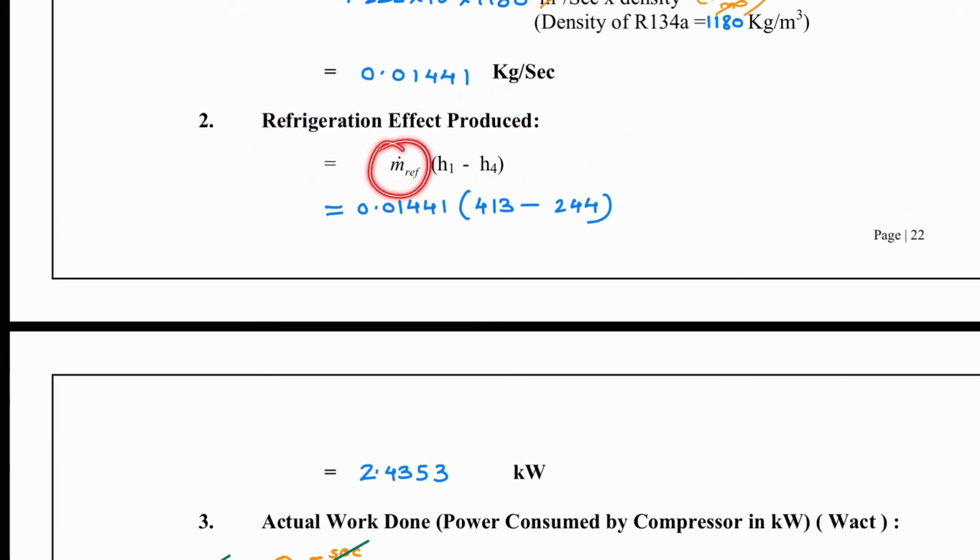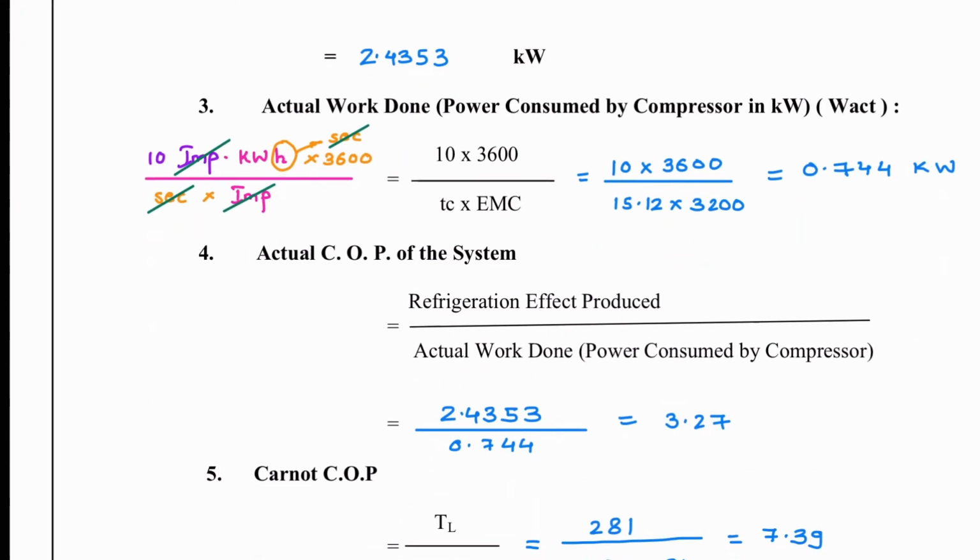Because this mass flow rate we have measured on the rotameter. So COP is the refrigerating effect produced divided by the actual work done, or power consumed by the compressor. The refrigerating effect is 2.4353 kilowatt divided by the actual power consumed by the compressor, 0.744 kilowatt. So from here you will get the actual COP, which is 3.27.